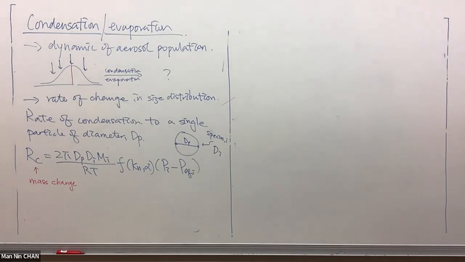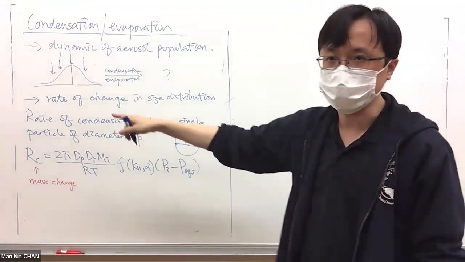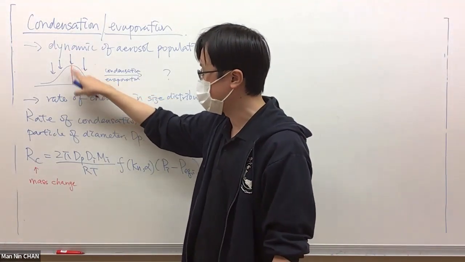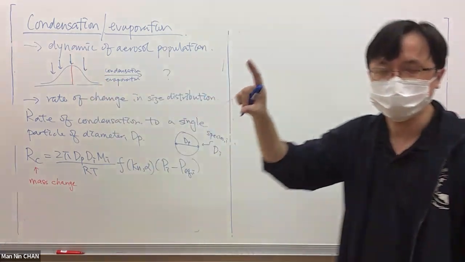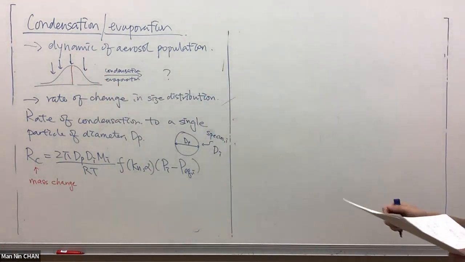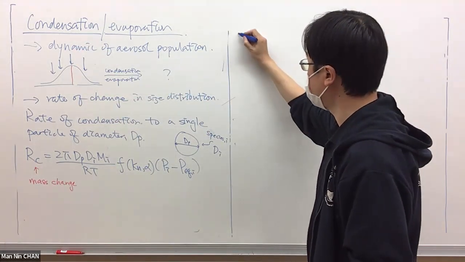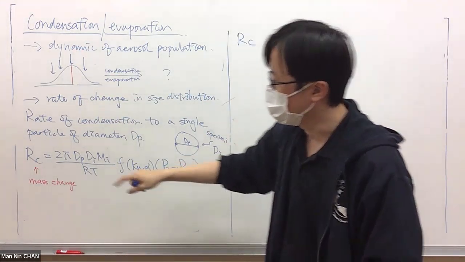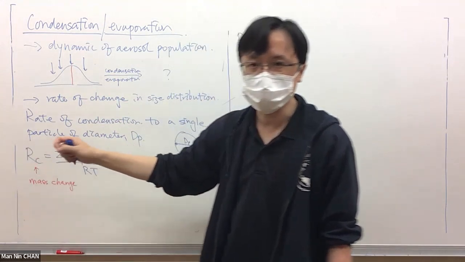So now we are not just looking at a particle with a single size. We are looking at an aerosol population. So therefore, we have this called the R_C. Oh, forgot to mention, R is the rate of condensation.